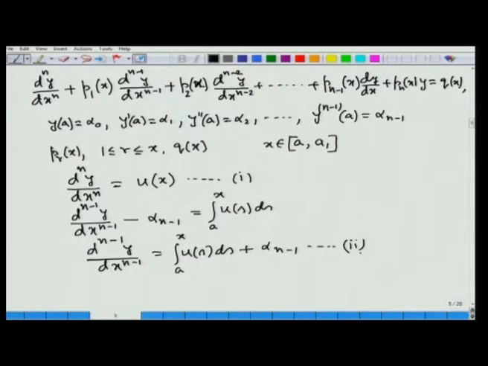Now, we are going to integrate this second result, that is d^(n-1) y/dx^(n-1) equal to this expression, from a to x.